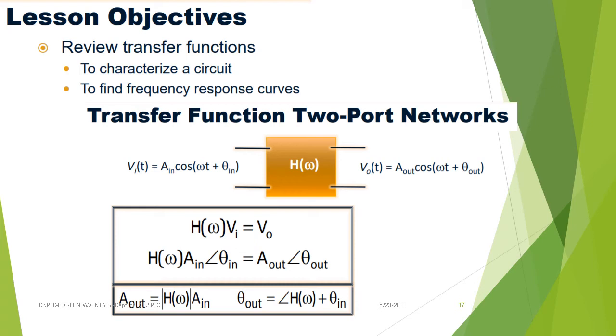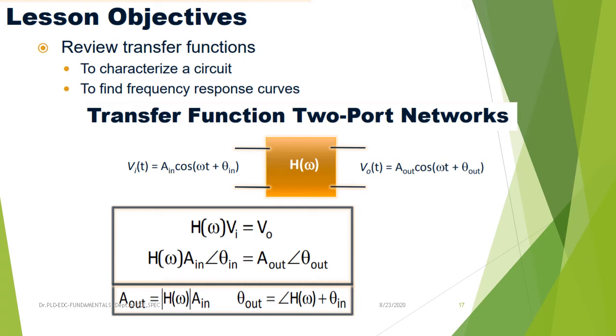Okay, let us see here. Input voltage Vi of t is equal to, because it's an AC voltage, we represent it with its amplitude as well as phase, like A_in cos(omega t plus theta_in). In general, A cos omega t or A sin omega t is represented without any phase.